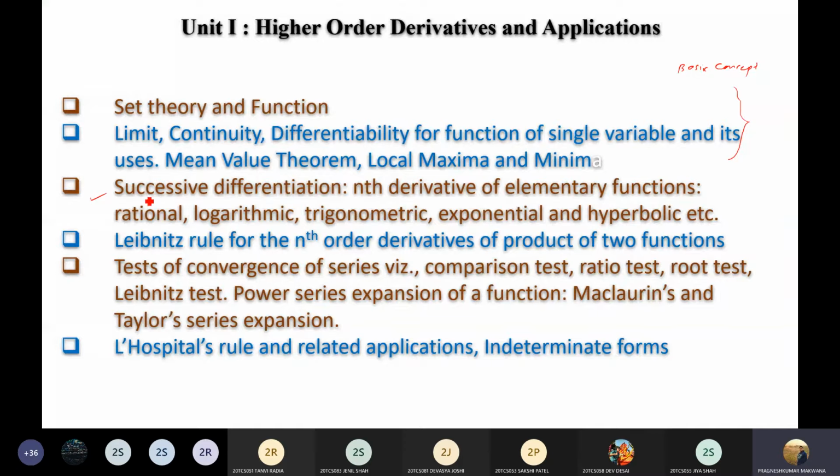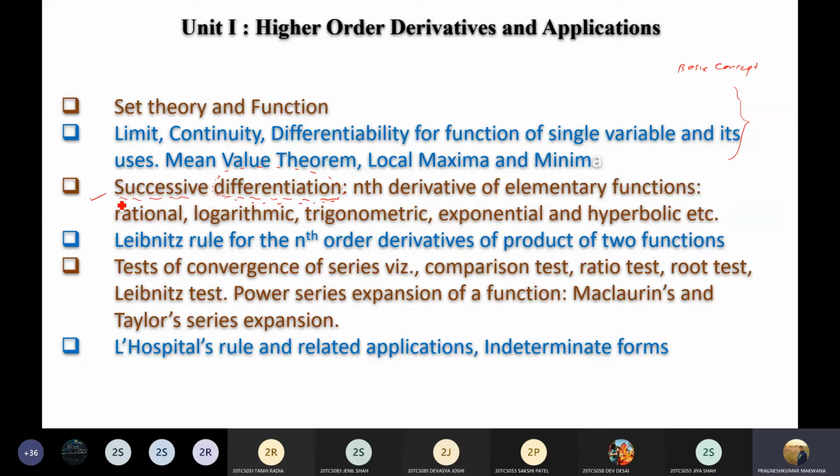The topic is successive differentiation. Everyone knows differentiation, yes or no? Yes, sir. And we try to list out some useful formulas of differentiation here.